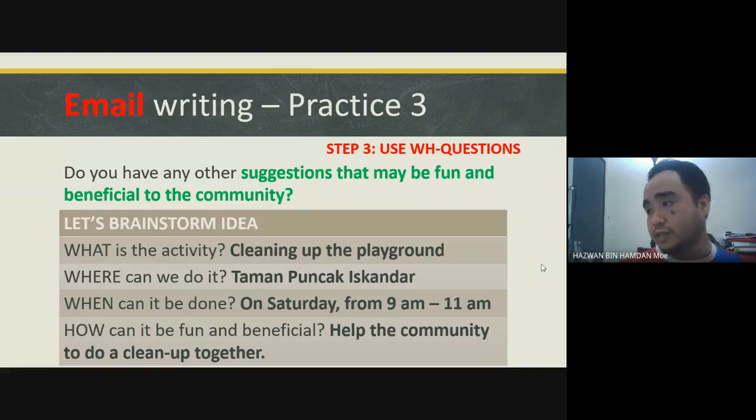Contoh saya bagi cleaning up the playground, you want say clean up the river ke, clean up the beach ke, or you want to change to other activity, contohnya helping people at the mall or helping people at the market and so on. Where can we do it? The place where you can do the activity, when, bila masa you boleh buat, and how can it be fun and beneficial, macam mana dia boleh jadi menyeronokkan. So you decide on that.